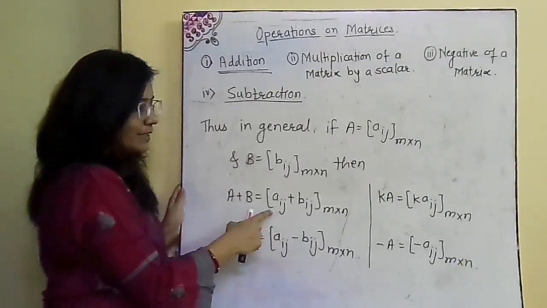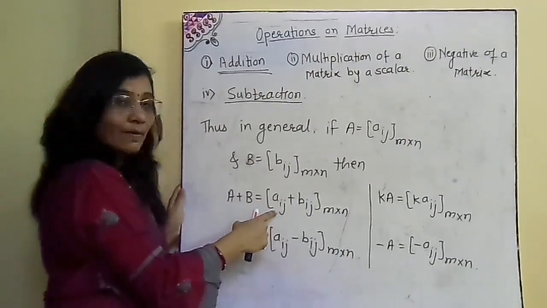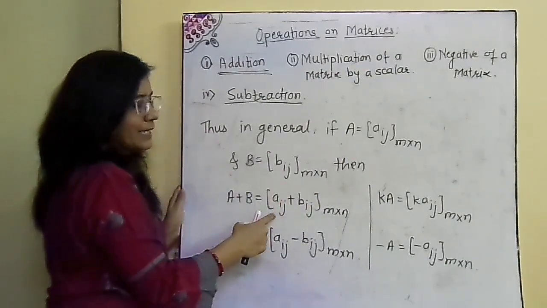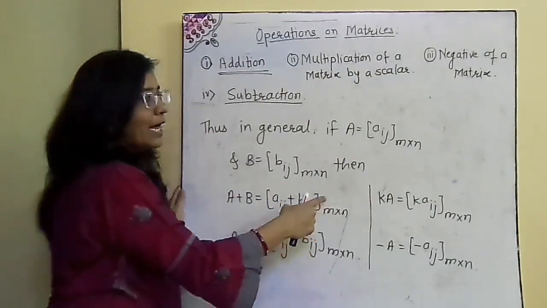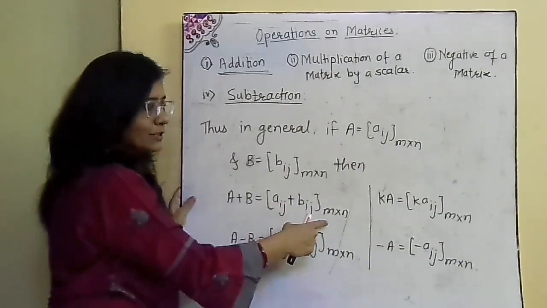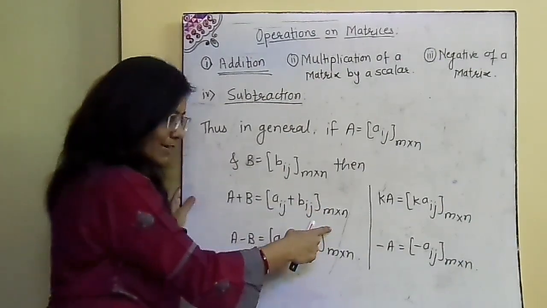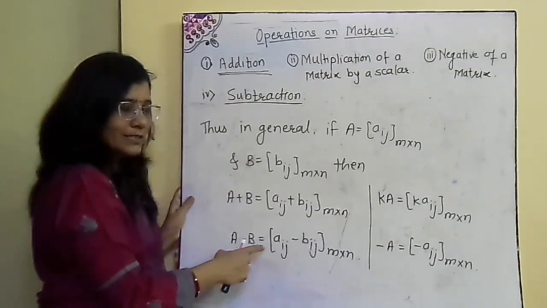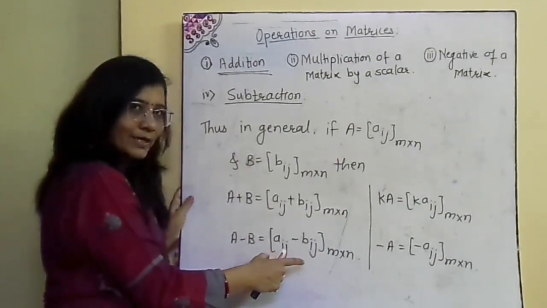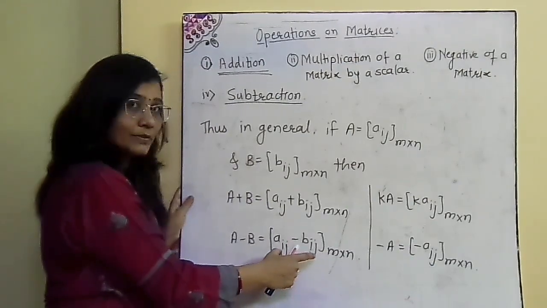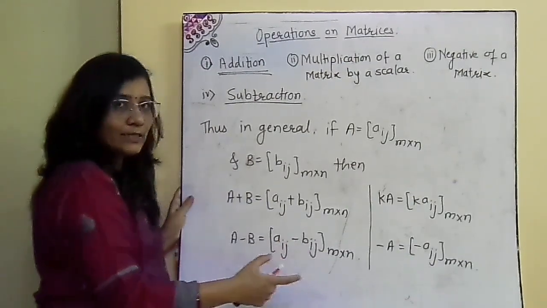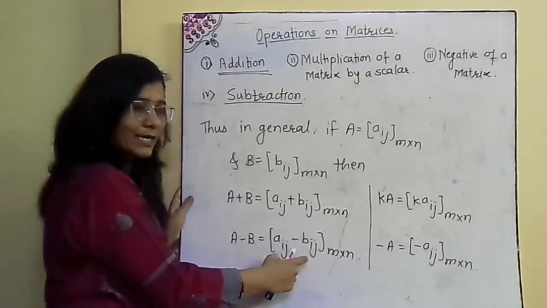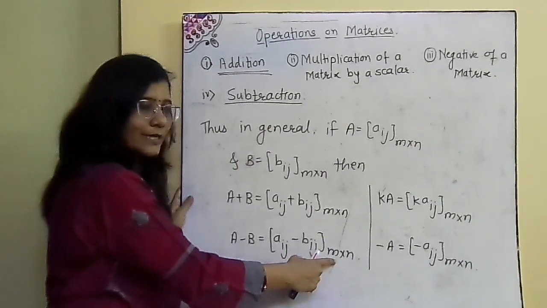A plus B is equal to a matrix formed by adding the corresponding elements of these two matrices, that is Aij plus Bij, and the resultant will have the same order, m by n. And A minus B, the subtraction of these two matrices, will be the matrix obtained by subtracting the corresponding elements, that is Aij minus Bij, having the same order, m by n.